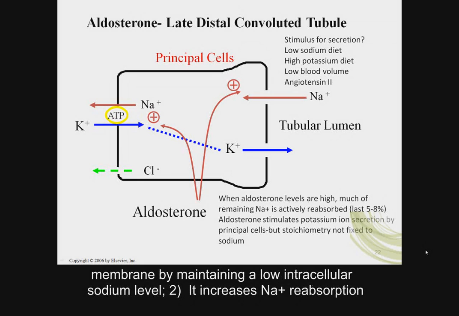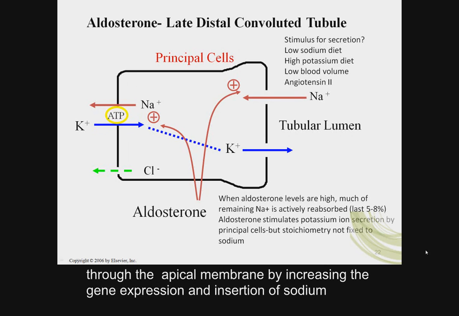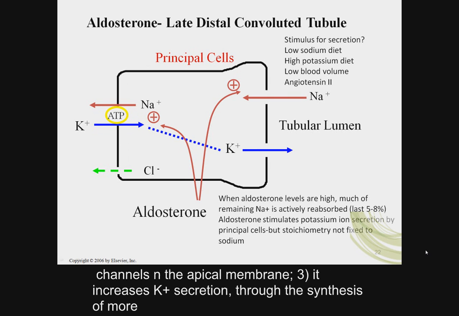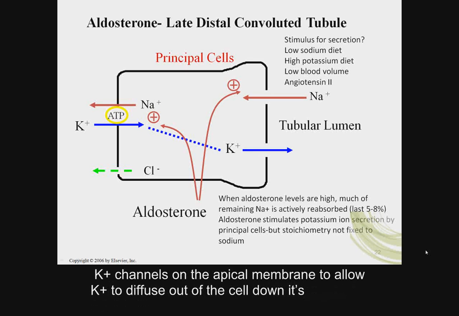2. It increases sodium reabsorption through the apical membrane by increasing the gene expression and insertion of sodium channels in the apical membrane. 3. It increases potassium secretion through the synthesis of more potassium channels on the apical membrane to allow potassium to diffuse out of the cell down its concentration gradient.